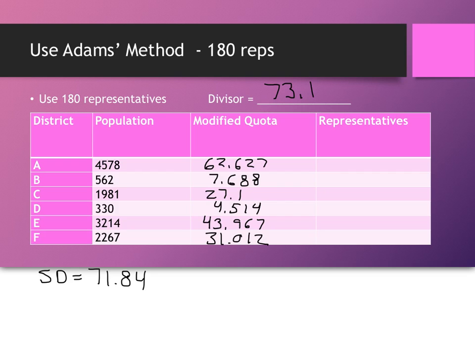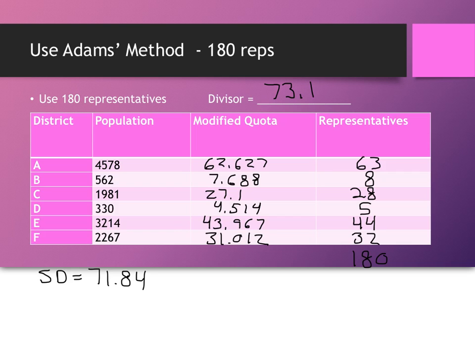With Adams' method, rounding up, you get 63, 8, 28, 5, 44, and 32 representatives. If you add those up, 63 plus 8 plus 28 plus 5 plus 44 plus 32, you do get 180 total representatives.